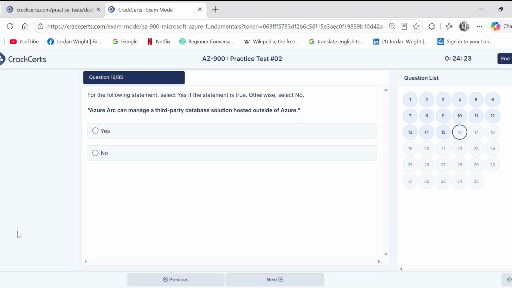I would have said yes, but I'm pretty sure it's no, because it can't manage a third party. Exactly. You can connect, but you can't manage it. So yeah.